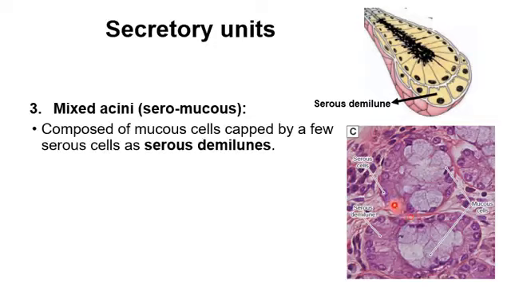The serous secretory portion forms a moon-shaped cap on top of the mucus secretory portion. This cap of serous cells is called serous demilune. These acini produce digestive enzymes and watery mucus.